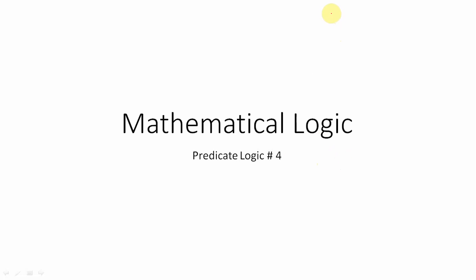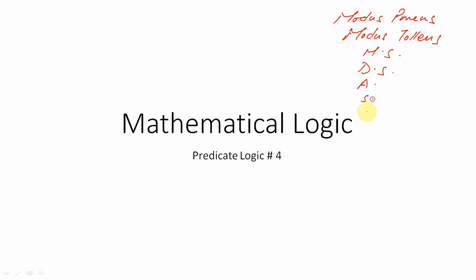If you remember, the rules of inferences that we talked about when studying propositional logic included modus ponens, modus tollens, hypothetical syllogism, disjunctive syllogism, addition, simplification, conjunction, etc. So they were the rules of inferences as they are applied to propositional logic.